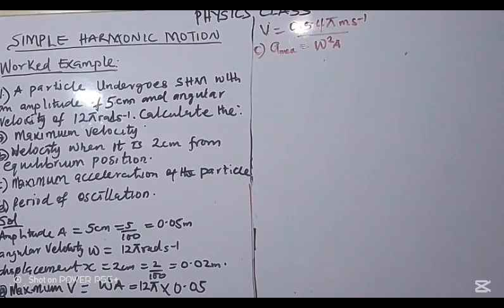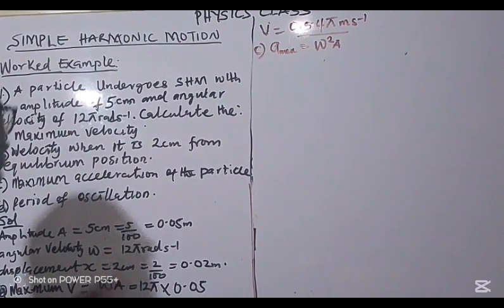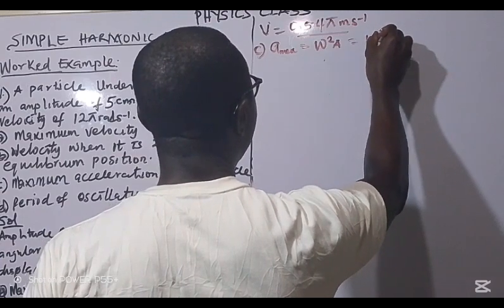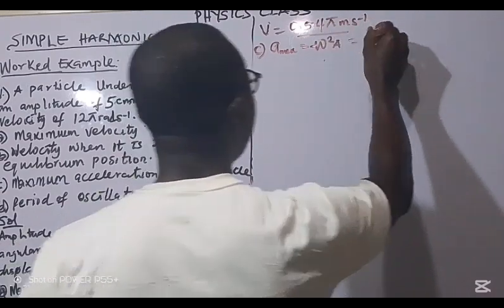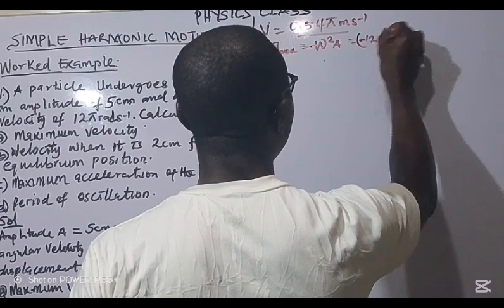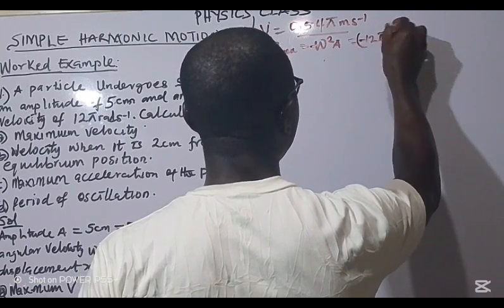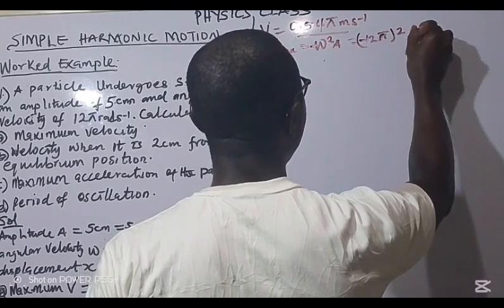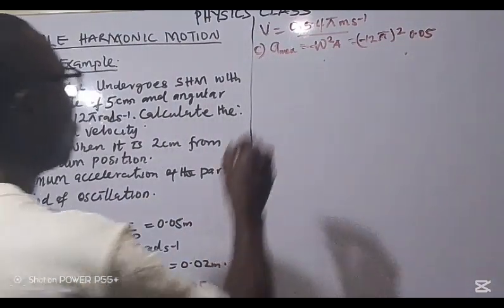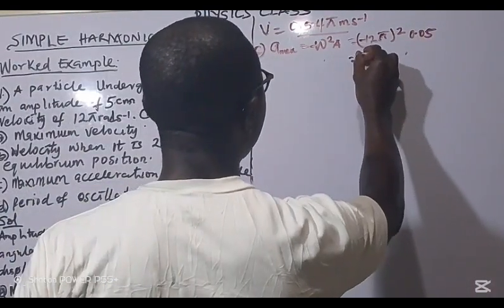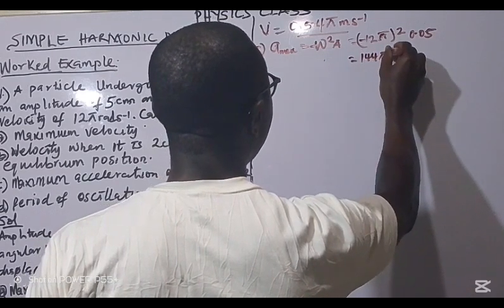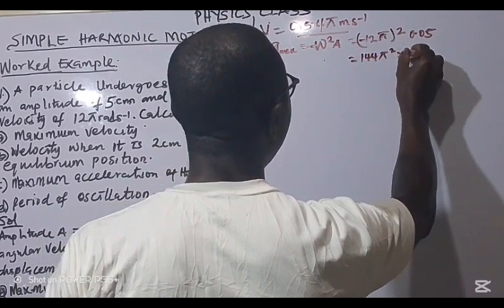Omega is given, so we are going to have 12 pi squared multiplied by 0.05. When we square this, it will give us 144 pi squared multiplied by 0.05.